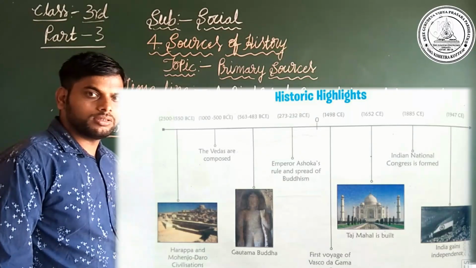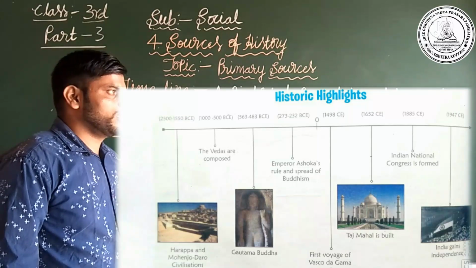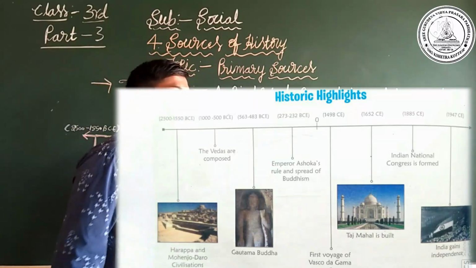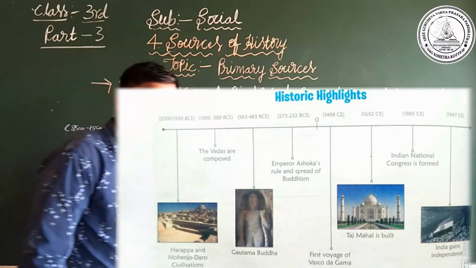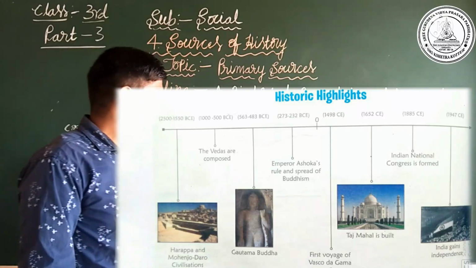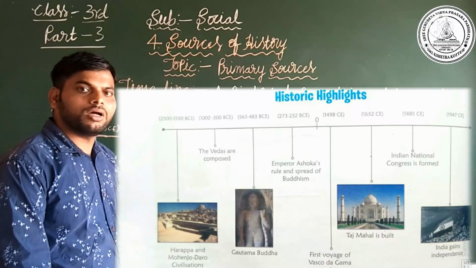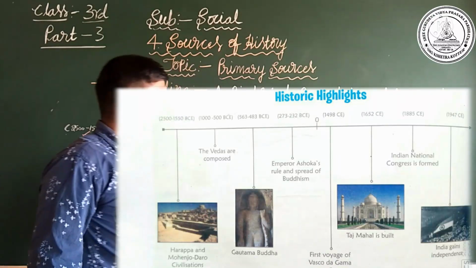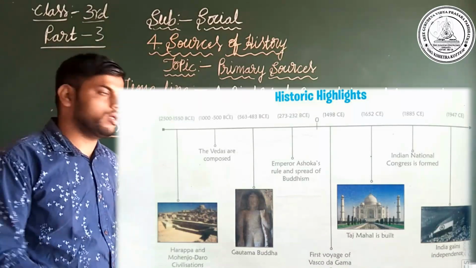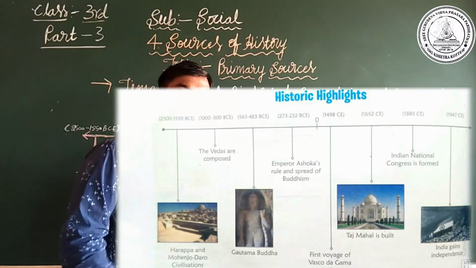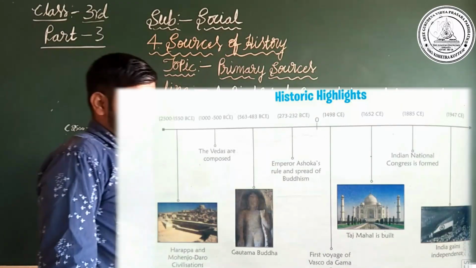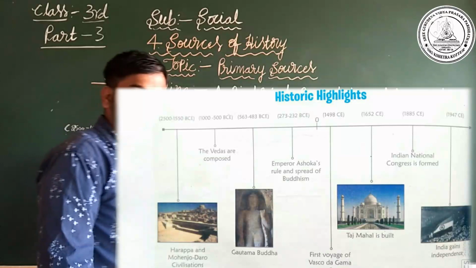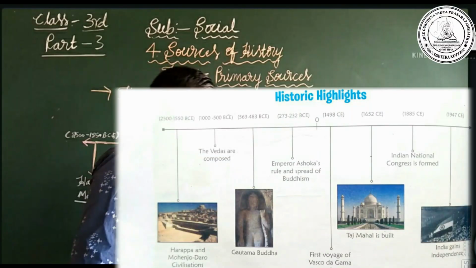Why? Because Constantinople was completely closed by the Turks. So they had to find a waterway to India, because we export and import important spices from India to Europe.